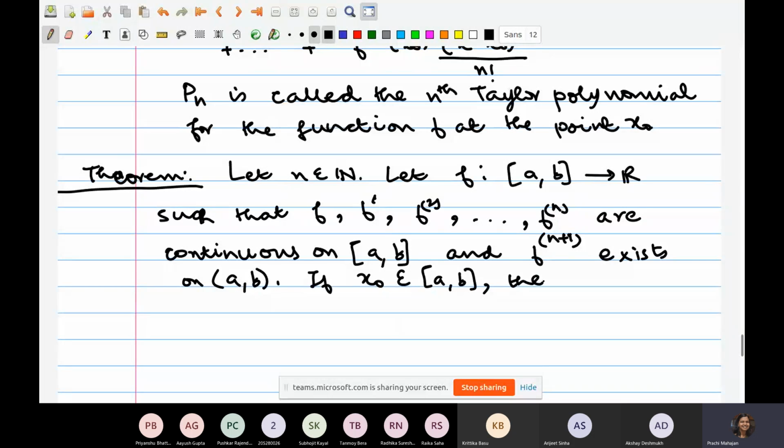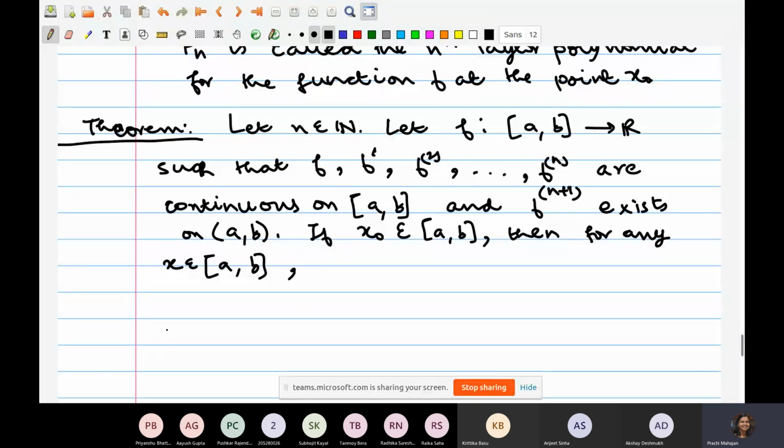Then for any x in the interval [a, b], let's look at f of x. One can write f of x in the following form: f of x naught plus the derivative of f at the point x naught times x minus x naught, and so on, up to x minus x naught to the power n by factorial n. So what am I writing here?